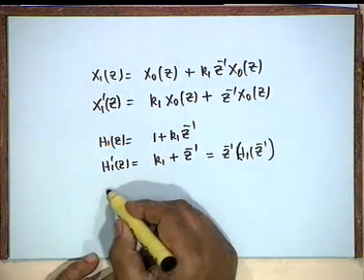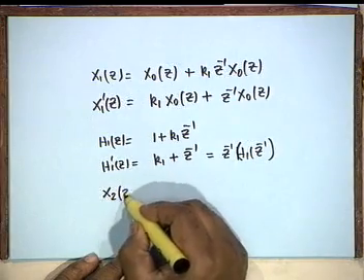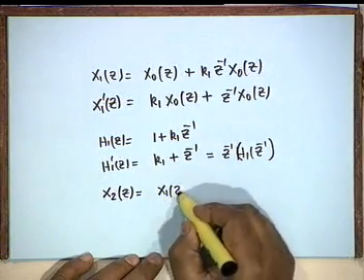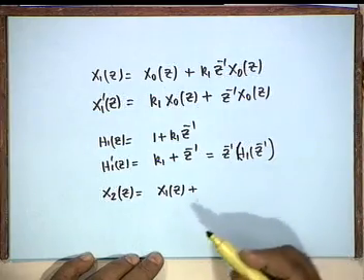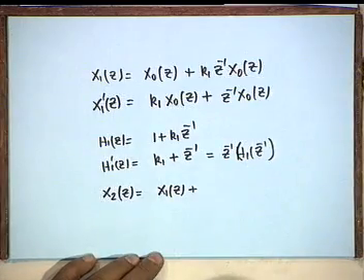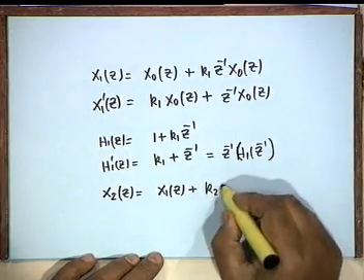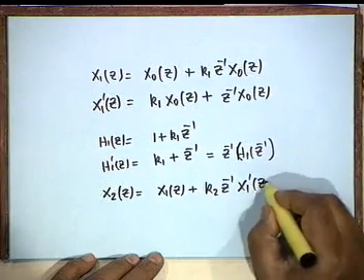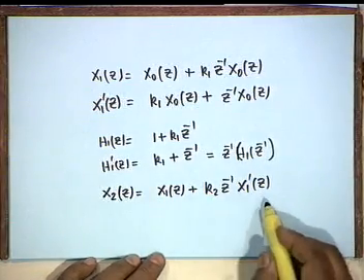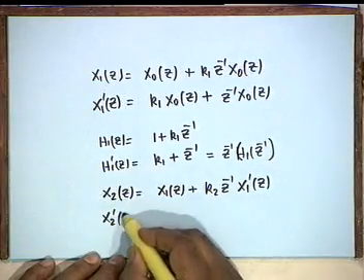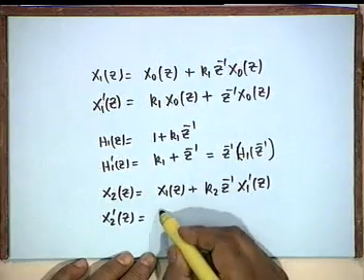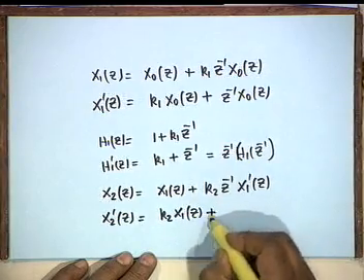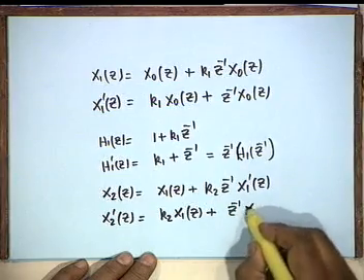In a similar manner, I can write X2(z). If I want to construct X2(z), it is X1(z) plus, look at the diagram, K2 z inverse X1'(z), and X2'(z) is equal to K2 X1(z) plus z inverse X1'(z).